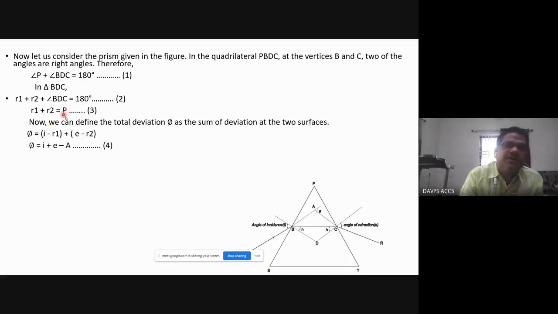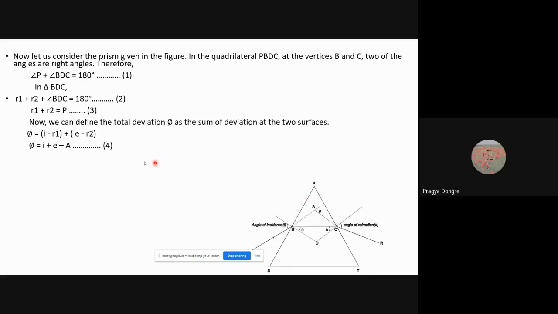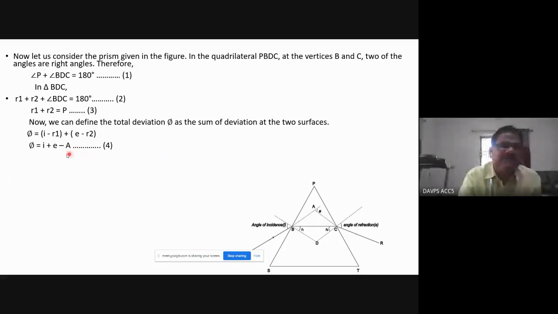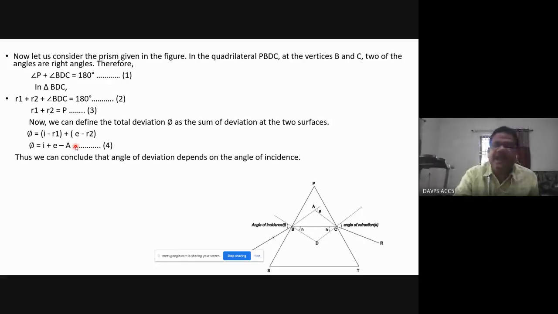But R1 plus R2 equals A, the angle of prism. Actually I had taken P, so just make the correction: in place of P, put A, the angle of prism. Clear? Thus, we can conclude that the angle of deviation depends on the angle of incidence.